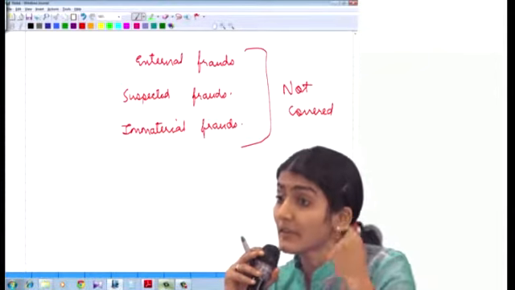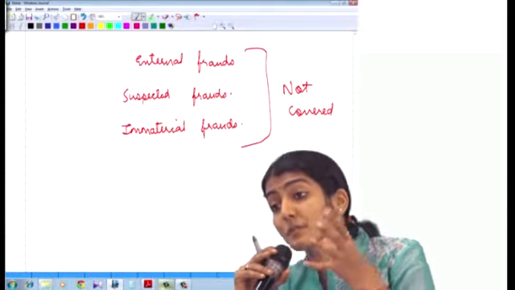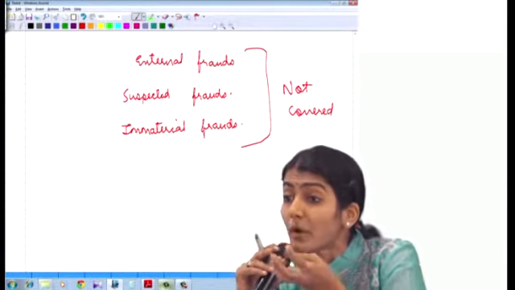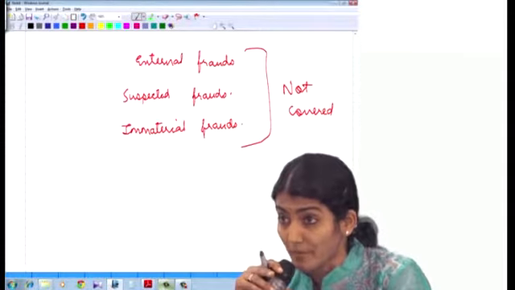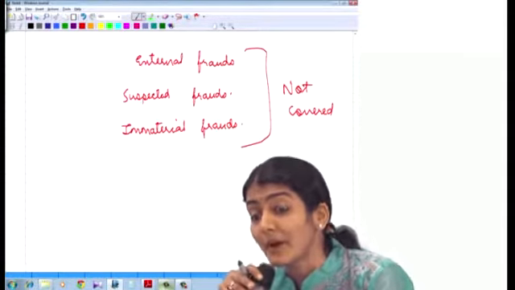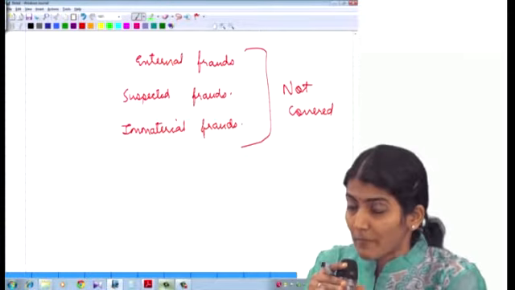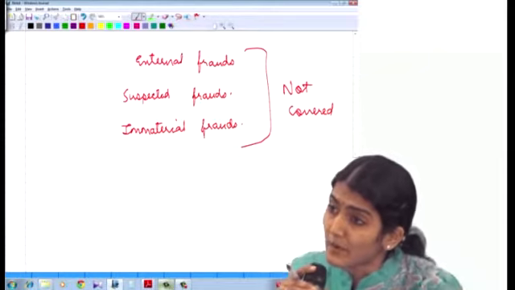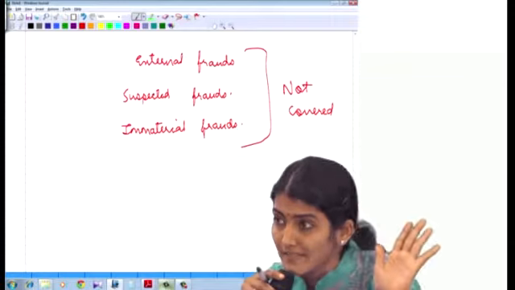If an auditor in the course of performance of his duties has reasons to believe that an offense involving fraud is being or has been committed, there again suspected fraud may also come. And there the materiality amount has been given. If it is 1 crore or above, then audit committee and central government. If it is less than 1 crore, then only audit committee and board's report. When I come to 143.12, I shall discuss that with you.